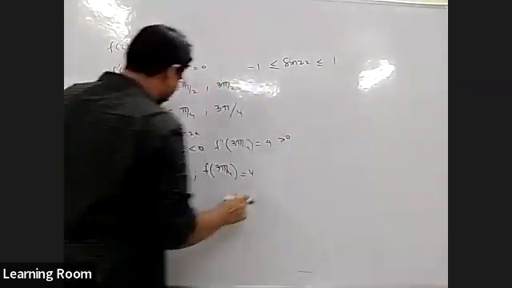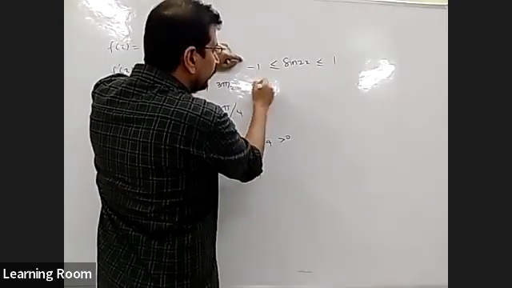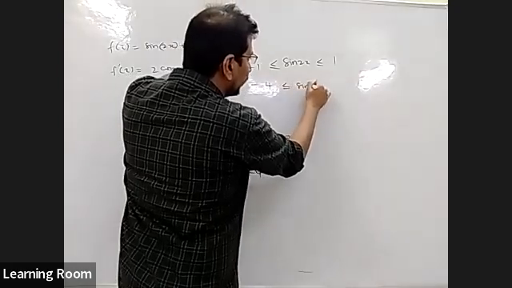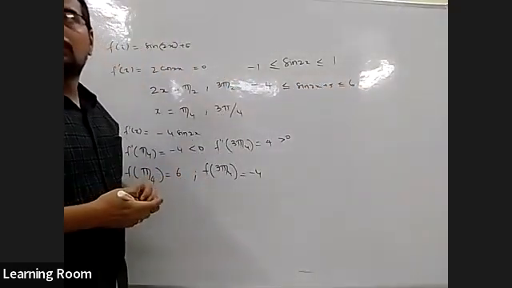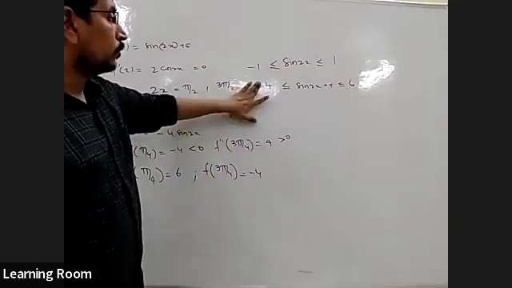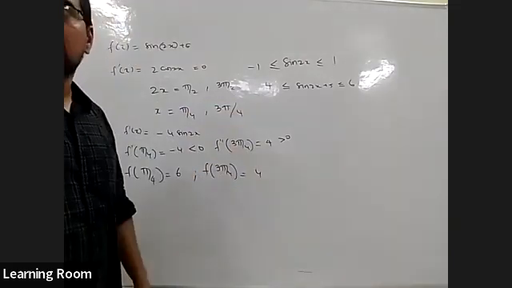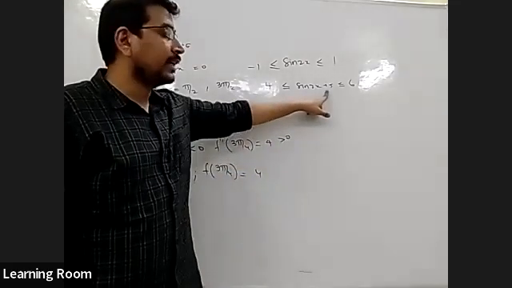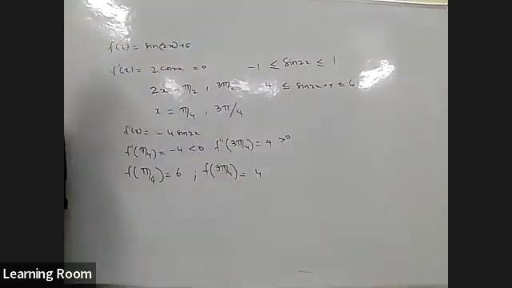What will you get? Minus 1 plus 5, so 4 is less than or equal to sin 2x plus 5, which is less than or equal to 6. So the least value of sin 2x plus 5 is 4 and the maximum value is 6. You can do the same problem in one step if they ask you in MCQs.